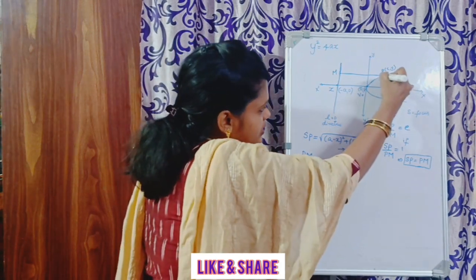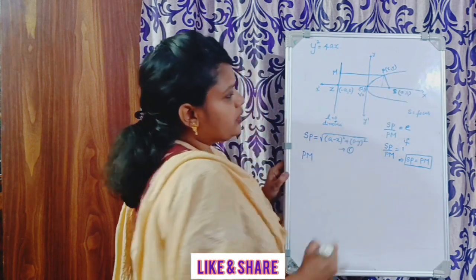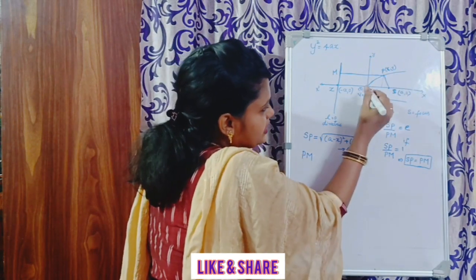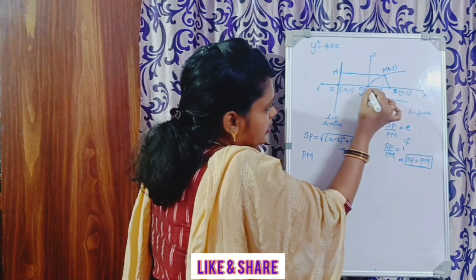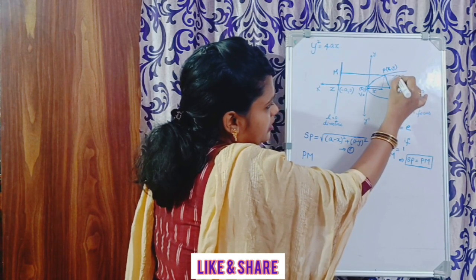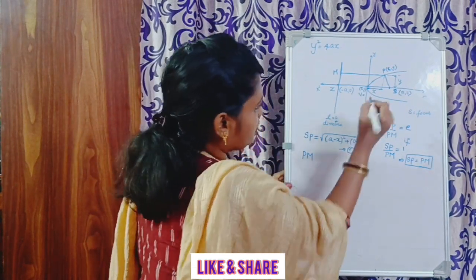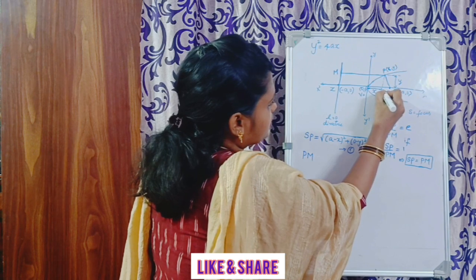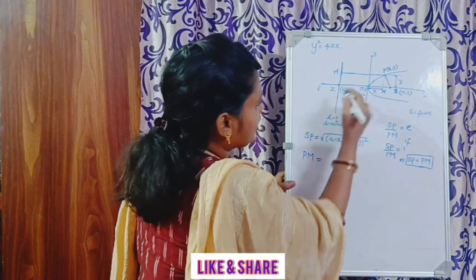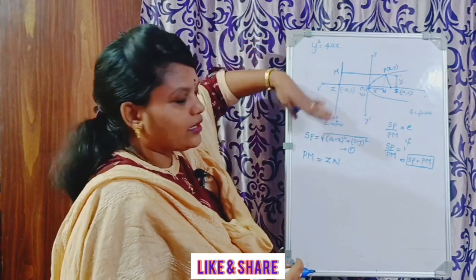From this diagram, you just draw a perpendicular from point P here. Understood? Since this point is (x, y), this distance is x, and this distance is y. So PM I can write as ZN, because they are parallel to each other.